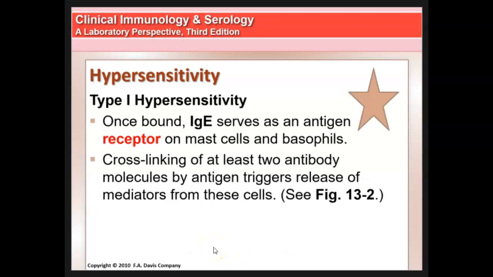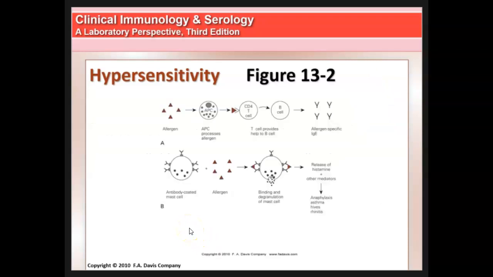Once bound, IgE serves as an antigen receptor on mast cells and basophils. Cross-linking of at least 2 antibody molecules by antigens triggers the mediators to be released from these cells. And what are these mediators? Histamine, heparin, and some other factors.